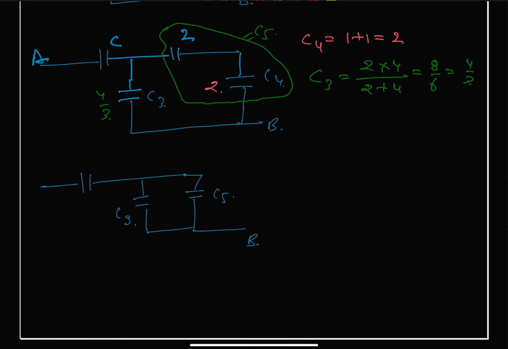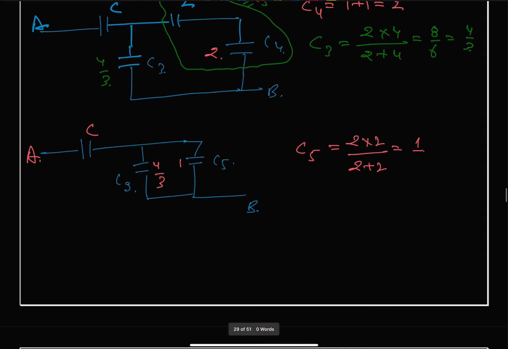So C5 will be equal to 2 into 2 divided by 2 plus 2, which is 4, coming as 1. So this is 1, and C3 we found out is 4 by 3. This is C and this is point A. And we have that these two will be in parallel with each other. Let us call this equivalent C6.